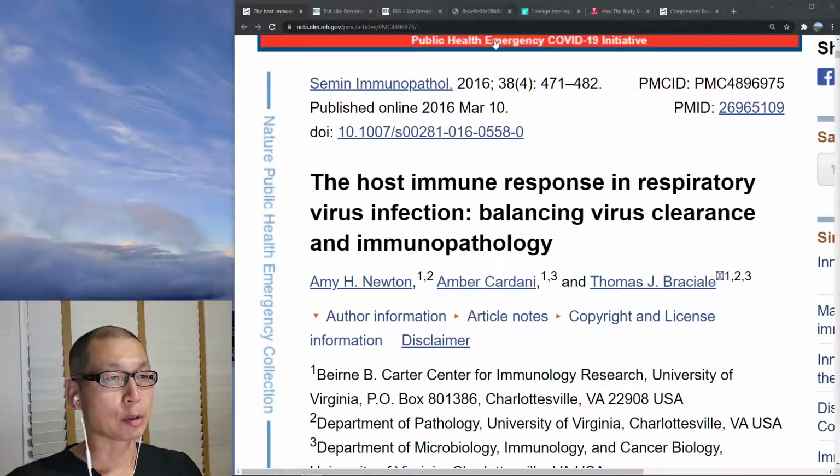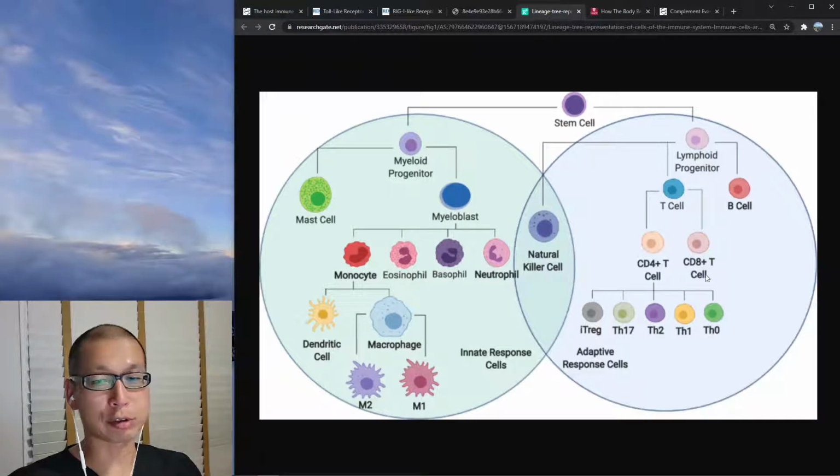Okay. So before we get started, it's good to go over this tree of the cast of players here. On this side, we call the innate response cells. There are two parts of the immune system: innate immunity and adaptive immunity.